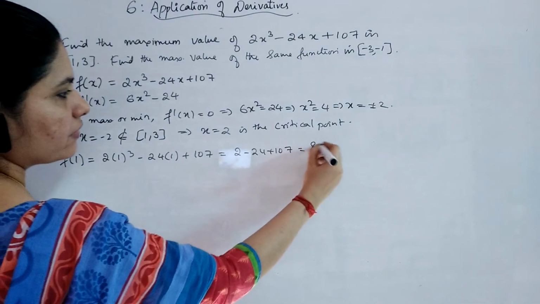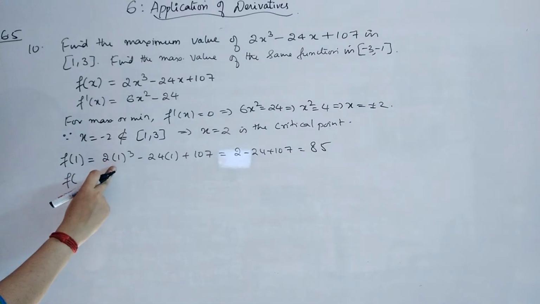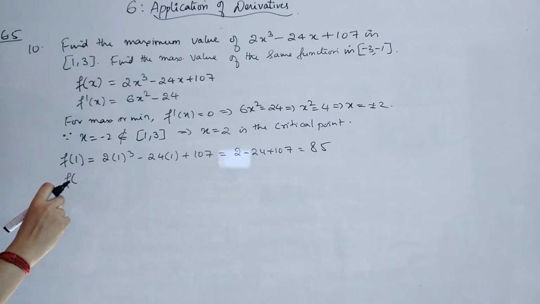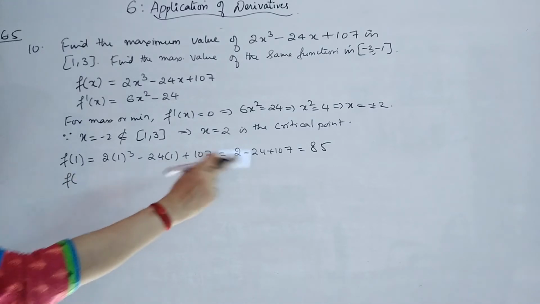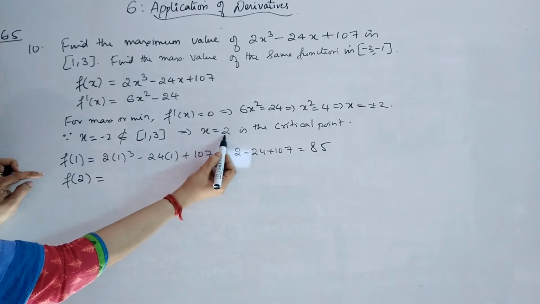Is it 85? Are you getting 85? 2 minus 24 plus 107. So it is minus 22. 107 minus 22.